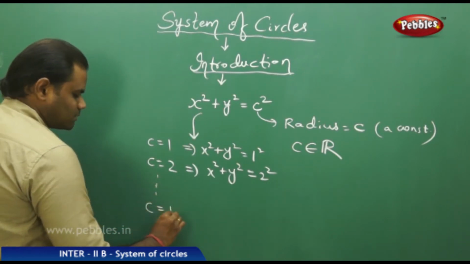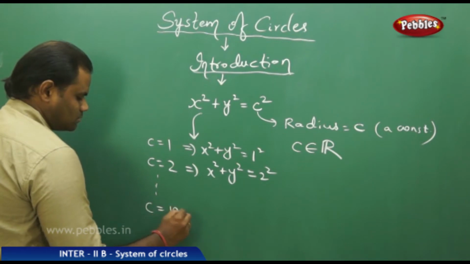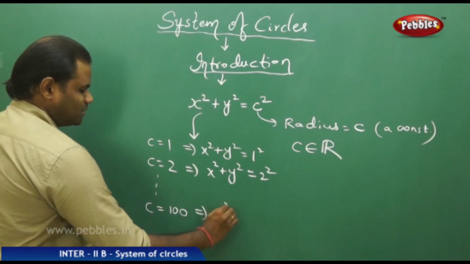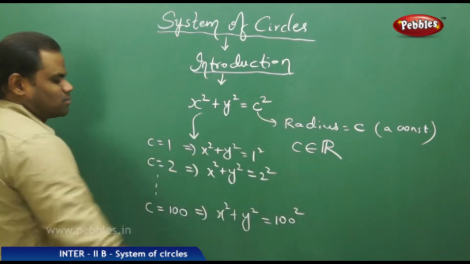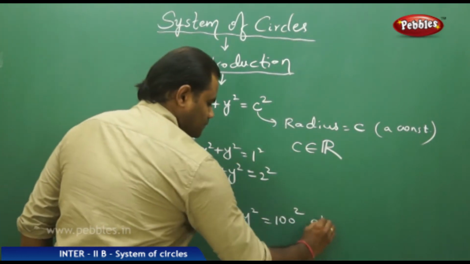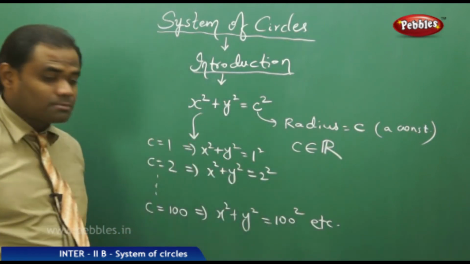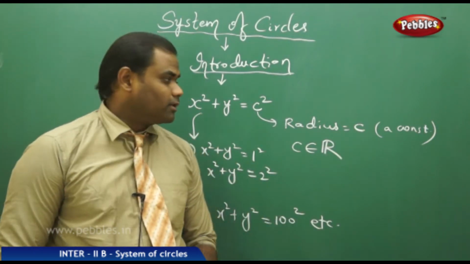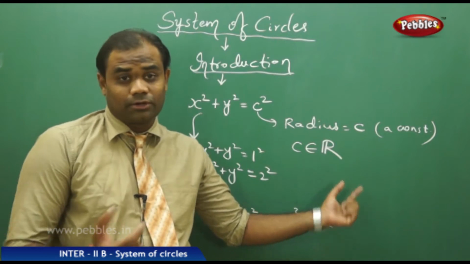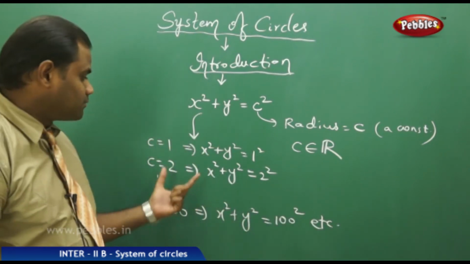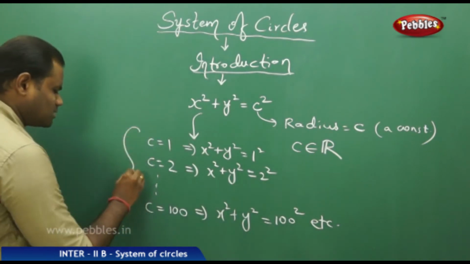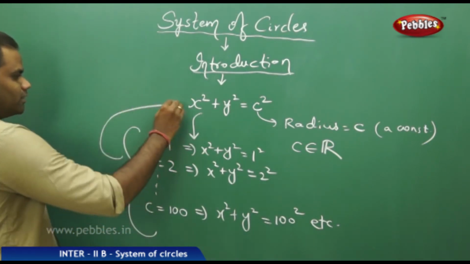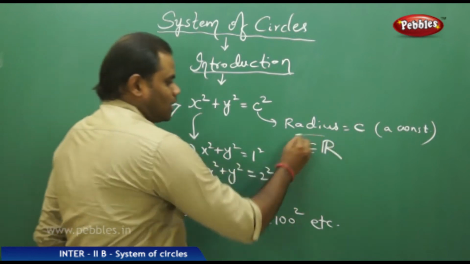Similarly, c equals 100 implies x squared plus y squared is 100 squared, and so on. This makes us understand that for different values of c belonging to the set of real numbers, we get different equations. These together form the system of circles with a fixed c belonging to R.